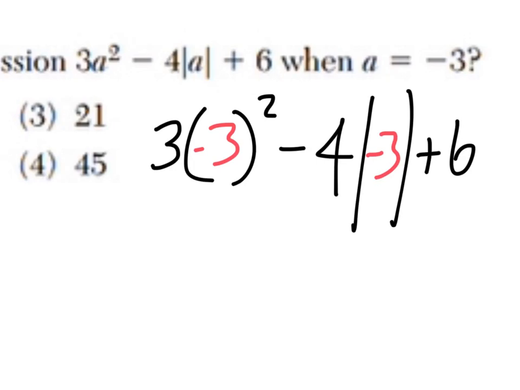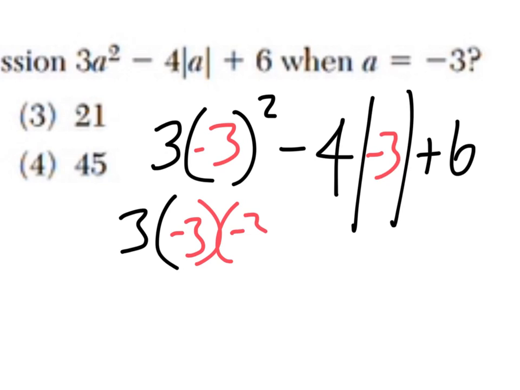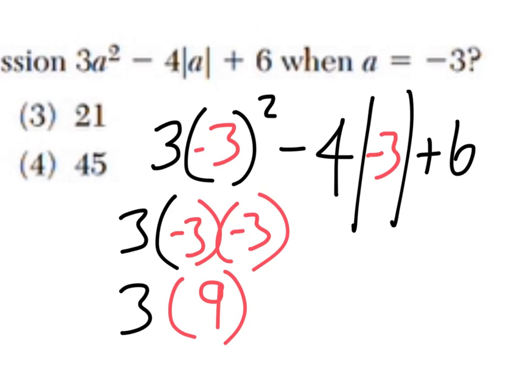So this is going to be 3, and we're bringing this down right here. And then we've got 3 times 3, and 3 times 3 is going to give us what? Positive 9. And then we can bring down this 3. And then we've also got the minus 4, and then times the absolute value of 3 plus 6.